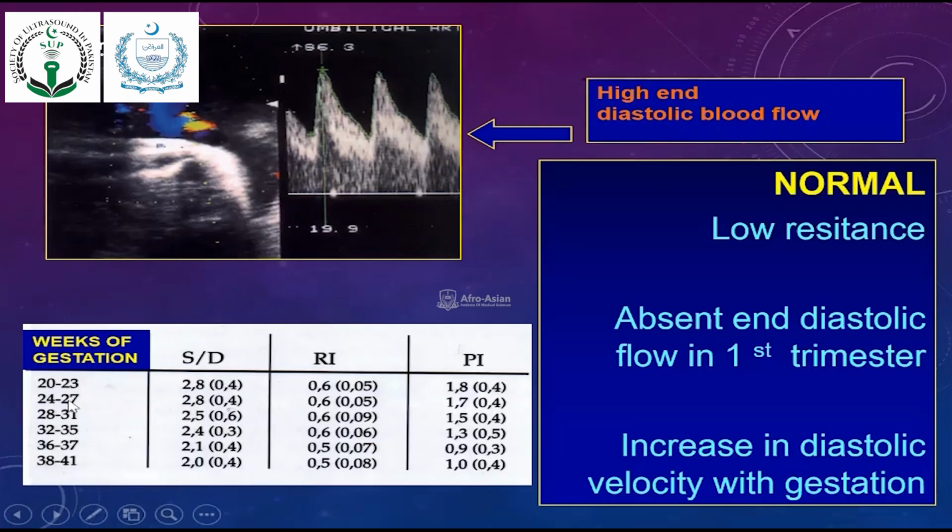At 24 to 27 weeks, the SD ratio is the same, RI is the same and PI decreases.